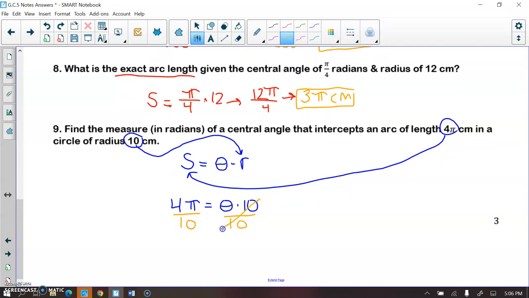And then I'm going to simplify. Both 4 and 10 are divisible by 2. So I get my angle in radians to be 2 pi over 5 radians. And that is my answer.